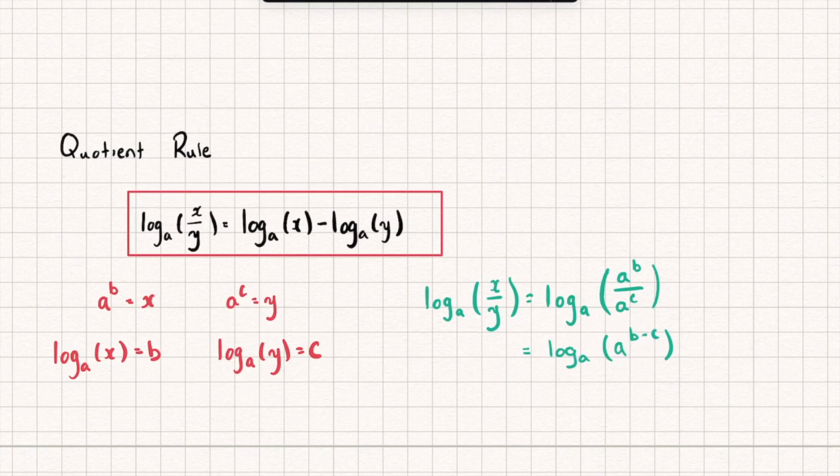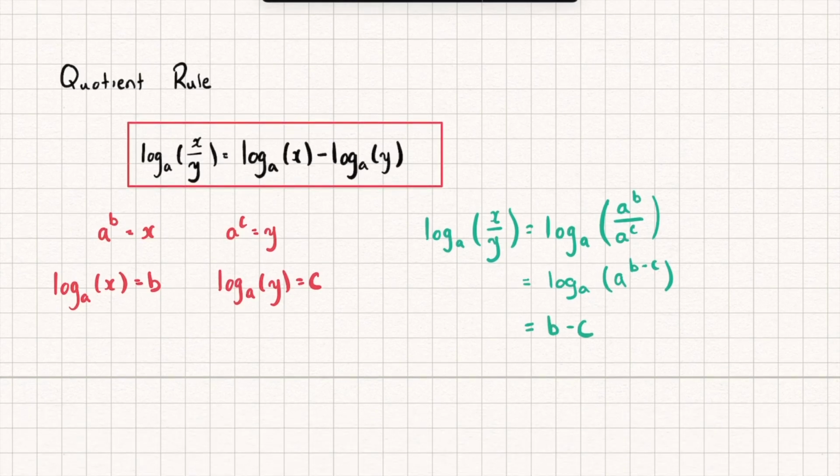Well, this has to be equal to b minus c, and we said that b was equal to log base a of x, and that c was log base a of y. So let me switch those in, and we get log base a of x minus log base a of y, and we've finished the second one.